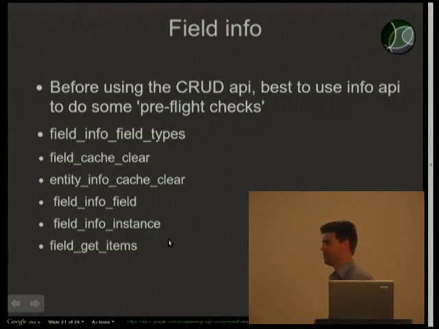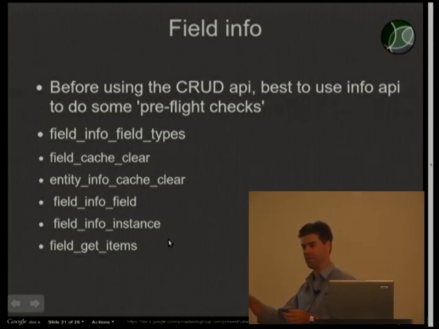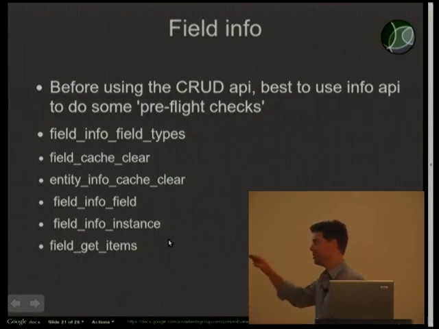And field_get_items, I'm assuming most people are familiar with field_get_items. When you're looking at a node object in Drupal 7, you'll see node, field, blah, language none, or und, and then the array of those. You use field_get_items to do the language-safe fetching of those fields.